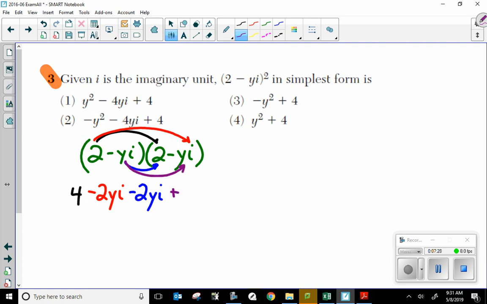If I have yi times yi, I would have y squared i squared. Trust me, that's what you get. Now, the only thing I can combine here are these two. So right now, I'm going to continue this right here. I have 4 minus 4yi.